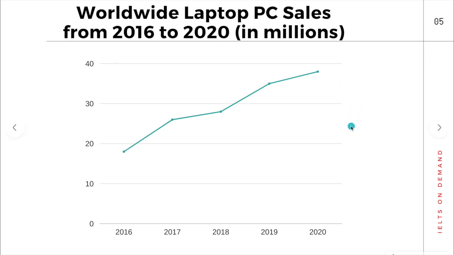While all of those things are true, those are making assumptions because they are not mentioned in the graph here. So whatever is not mentioned or not presented in the graph that you can see in your writing task, don't mention that.